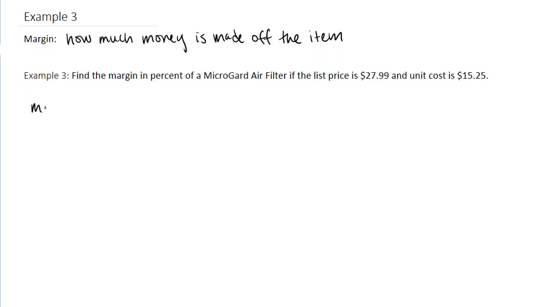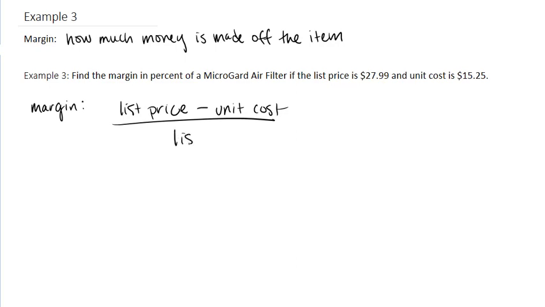So for margin, it is the list price minus the unit cost divided by the list price. And then we multiply it by 100.